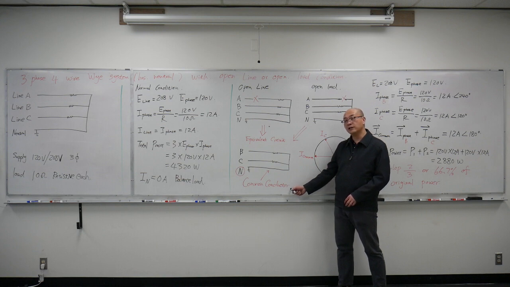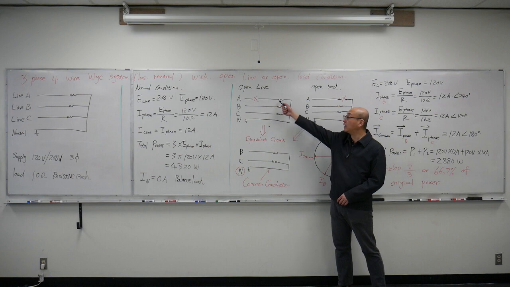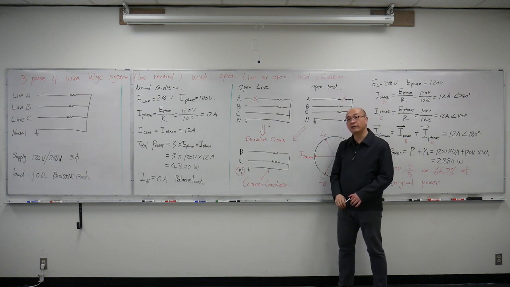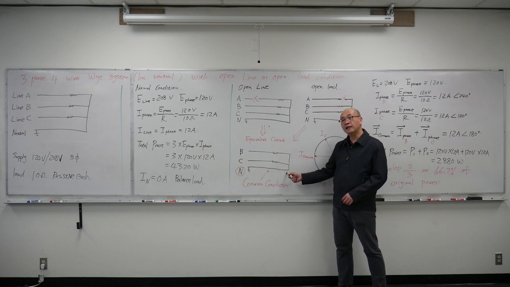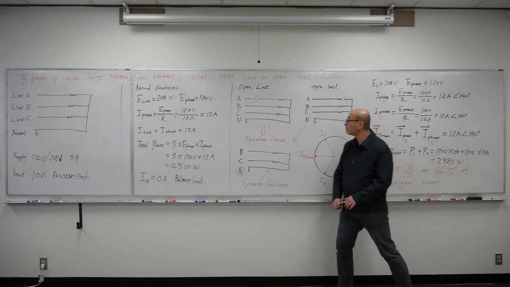It's not neutral anymore because we lost one of the lines. It's not three-phase anymore, but it's also not single phase because we have the neutral down there. The neutral is going to keep the voltage and the current balanced in there.